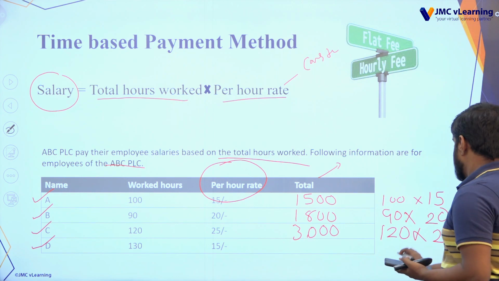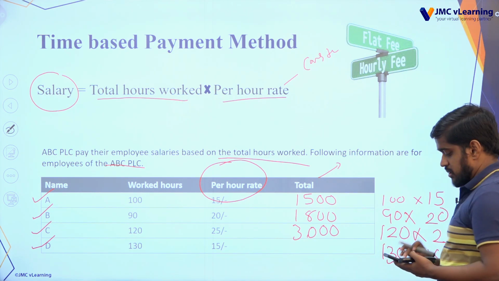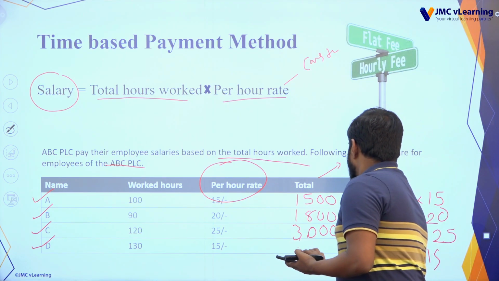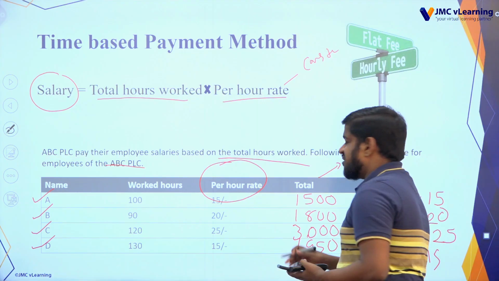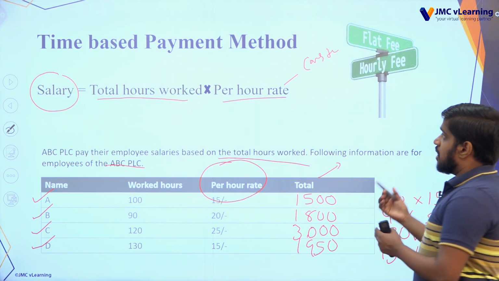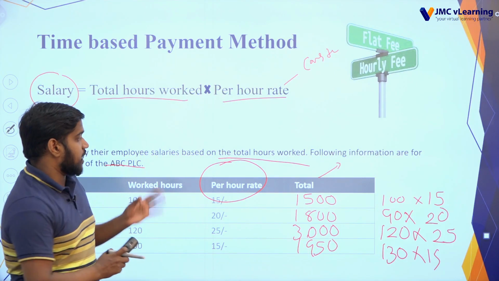Then D worked 130 hours multiplied by 15, so 130 multiplied by 15 gives 1950.